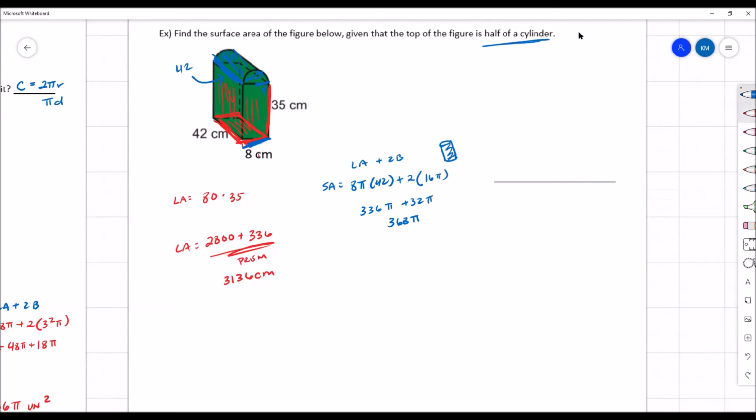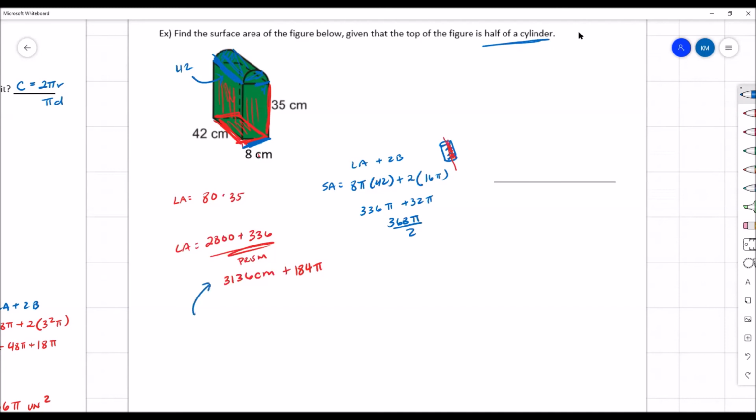But they told us it's not an entire cylinder, it's half of it. So divided by 2, 368 divided by 2 gives us 184. So plus 184 pi, because we're dividing this by 2 to make sure it's half. So 184 pi would be our exact answer.